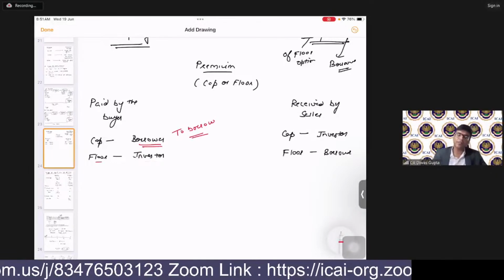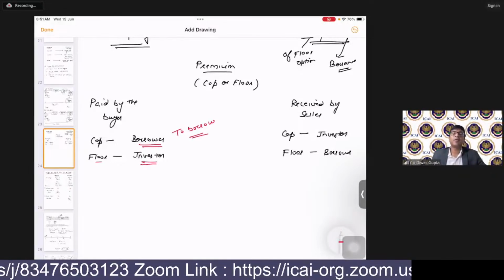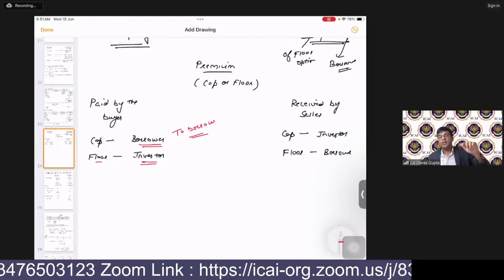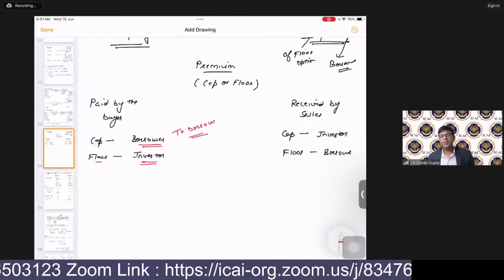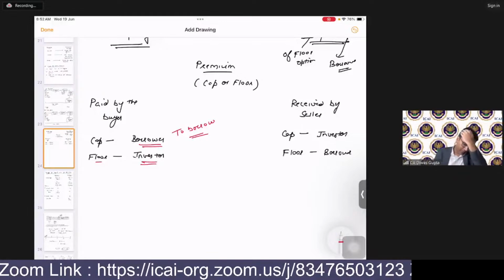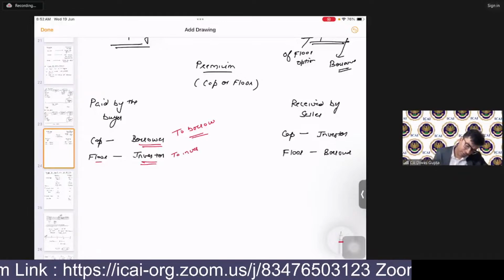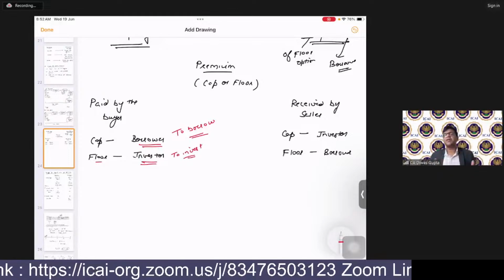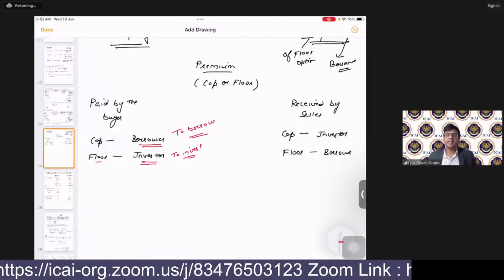The buyer of the floor option is the investor because he is entering into a contract to invest, right? So do you see the change in the situations that is happening?